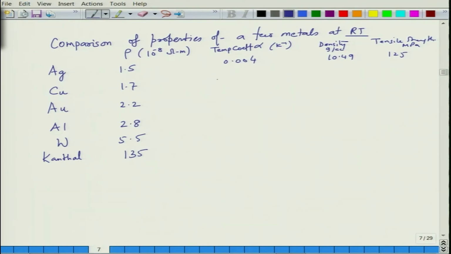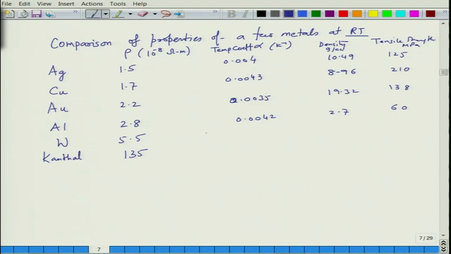For copper it's 0.0043, 8.96, and 210. Gold is 0.0035, 19.32, gold is very heavy, and 138 is the tensile strength. For aluminum it's 0.0042, density 2.7, and 60 MPa, very weak.